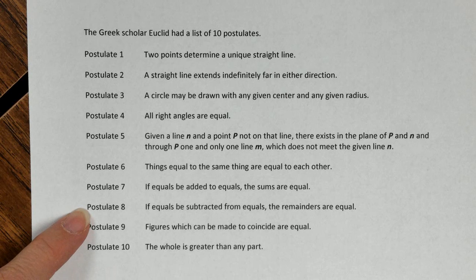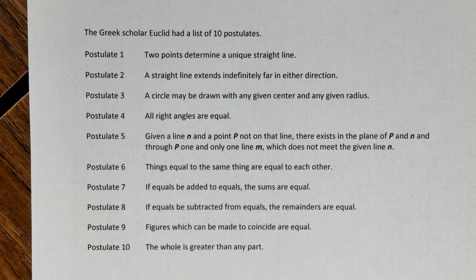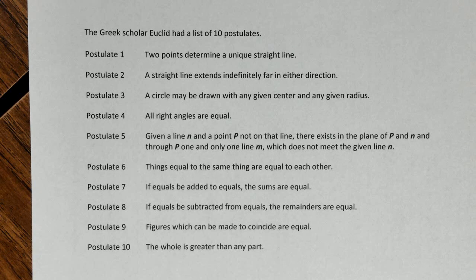Okay, same kind of thing here. Postulate 7, if equals are added to equals, the sums are equal. Postulate 8 is about subtracting from equals. They're going to be equal too. Postulate 9, figures that can be made to coincide are equal. It's talking about congruent shapes. Like you have 2 triangles, and if you can turn one or flip it or whatever you need to do to make it totally match up with the other one, then those triangles are congruent. And postulate 10, the whole is greater than any part.